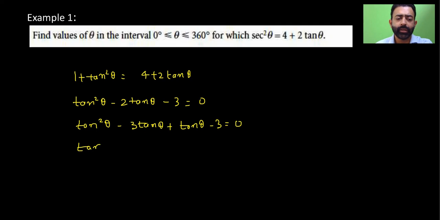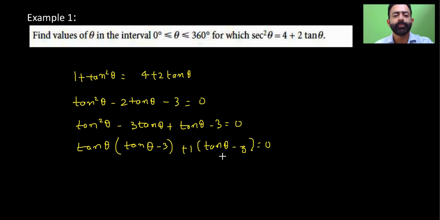This is tan theta into tan theta minus 3, plus 1 into tan theta minus 3 equal to 0. So I have tan theta plus 1 and tan theta minus 3 equal to 0.